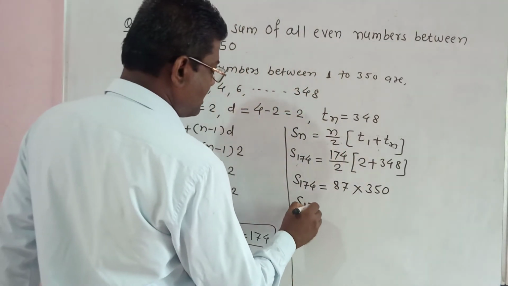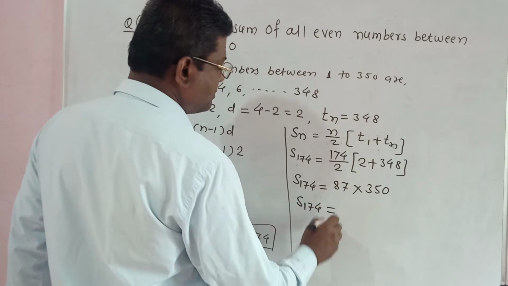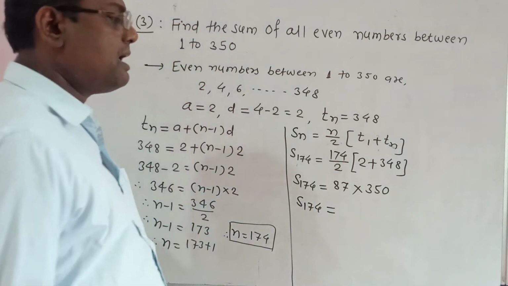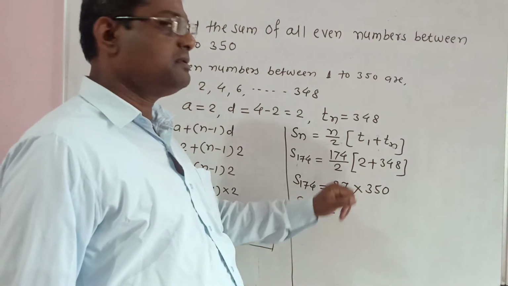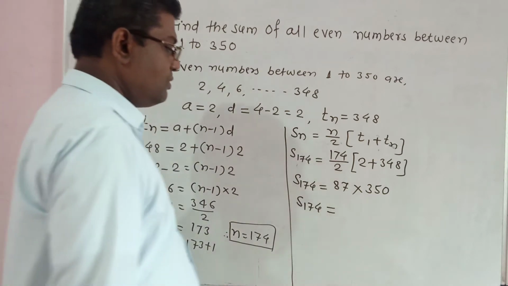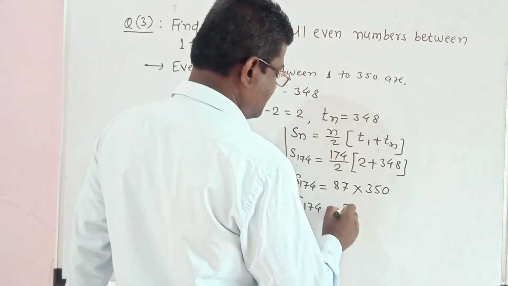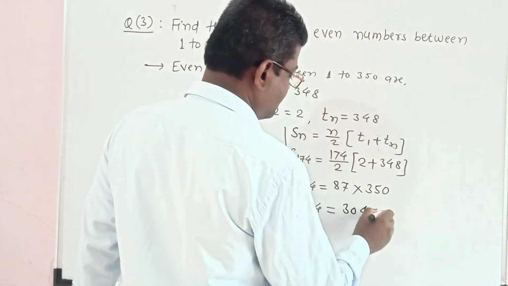Therefore, S174 is equal to, if we multiply 87 and 350, we get 30450.